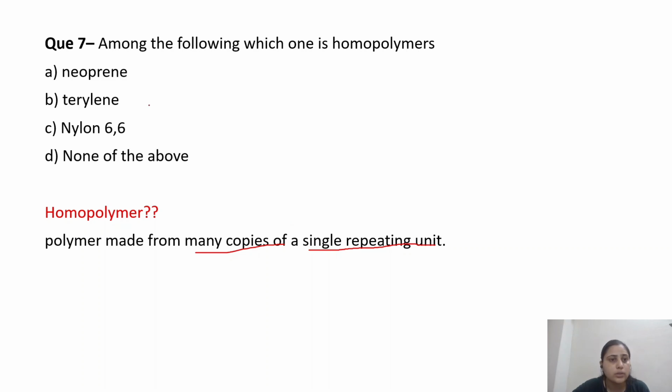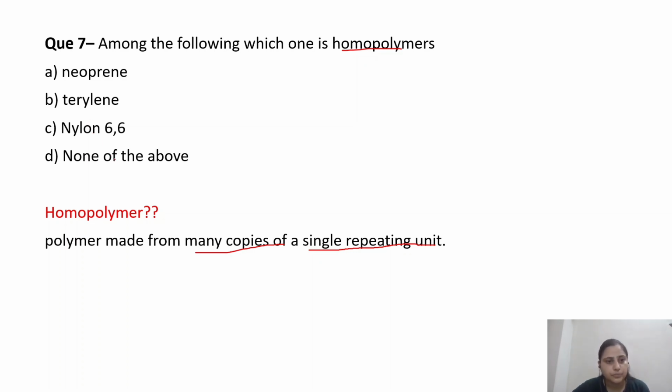So now let's come back to the question: among the following, which one is a homopolymer? Option A says neoprene, B says Terylene, C says nylon 6,6, and D says none of the above.